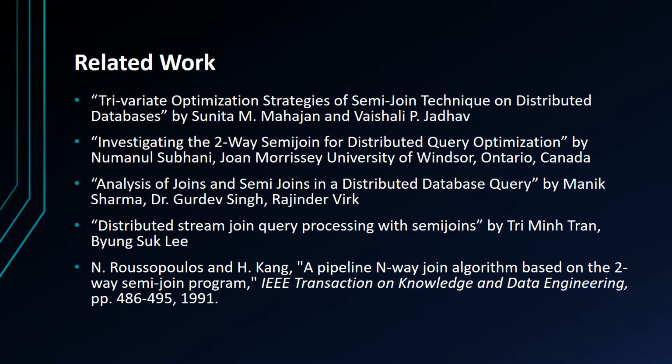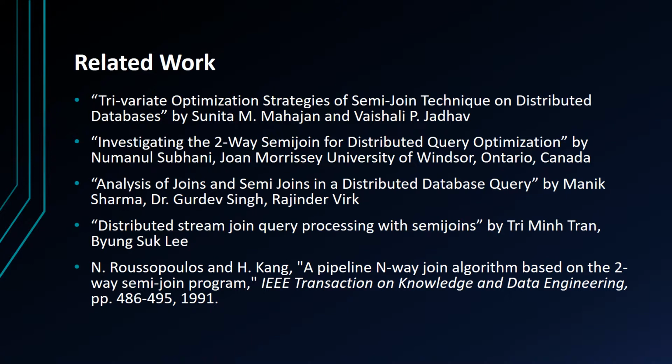We have much related work to this. There are researchers who have taken up three different strategies to optimize query performance. Like they have joined two relations on a single common attribute. They have also tried strategies with more than one common attribute.